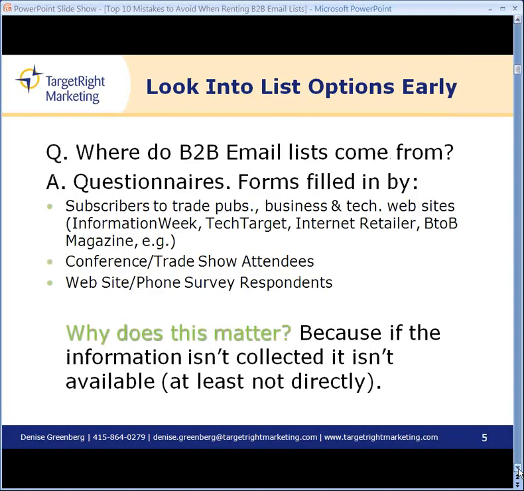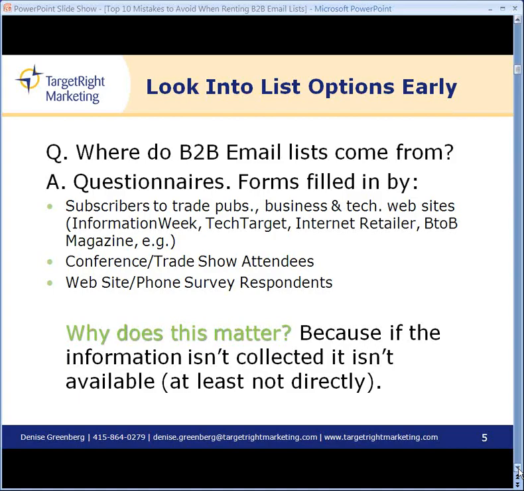So continuing about looking into list options early, let's review for a minute where B2B lists come from, because that will reveal in some cases why your target audience may be difficult to reach through lists.